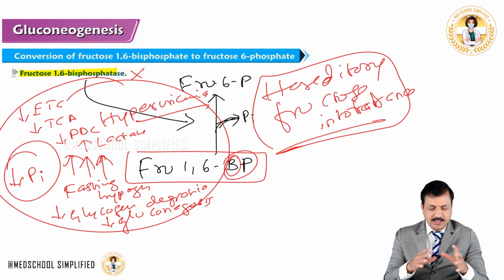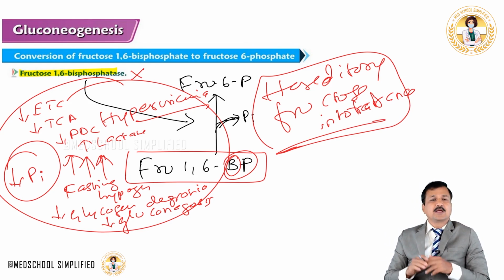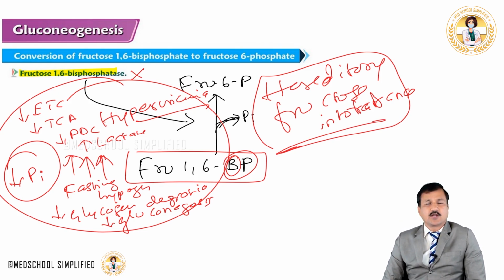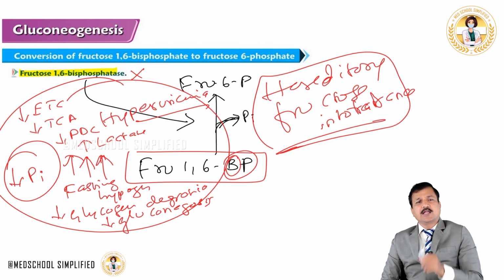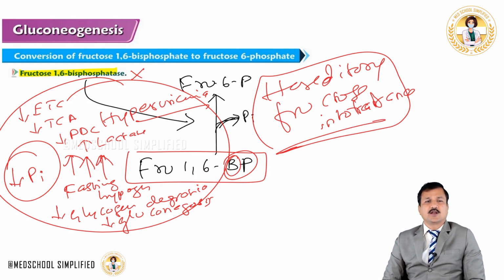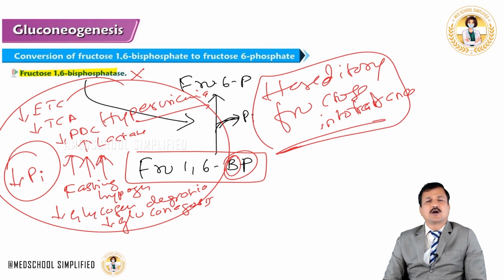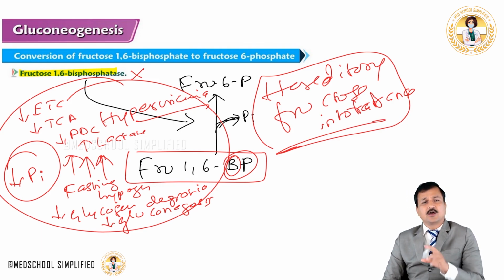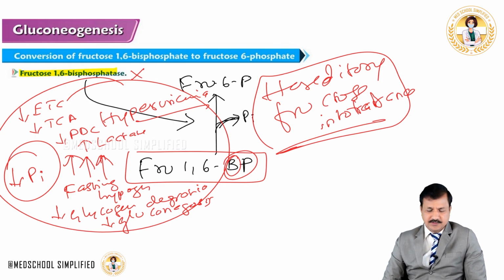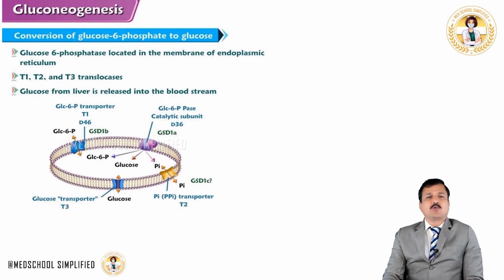Whatever I have explained here briefly is all explained there. The differential diagnosis for hereditary fructose intolerance can be fructose 1,6-bisphosphatase enzyme deficiency. To a certain extent, even the signs and symptoms of classic galactosemia can be correlated with fructose 1,6-bisphosphatase enzyme deficiency.